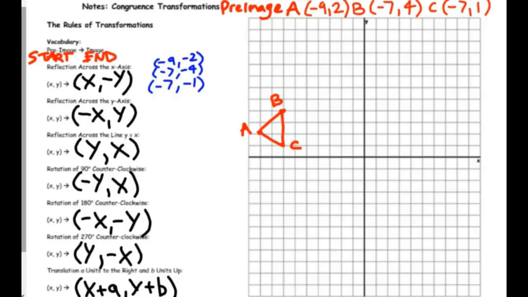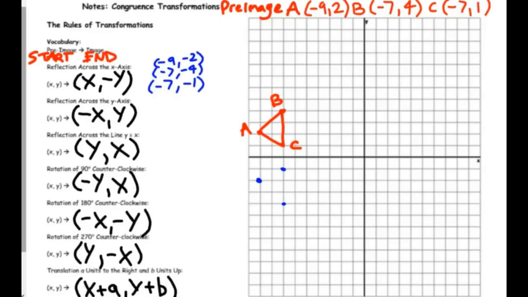And now we want to plot those 3 points. It should look like it reflected across the x-axis. So, negative 9, negative 2. Negative 7, negative 4, negative 7, negative 1. Okay?